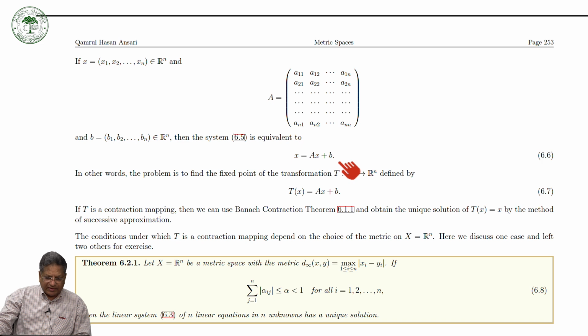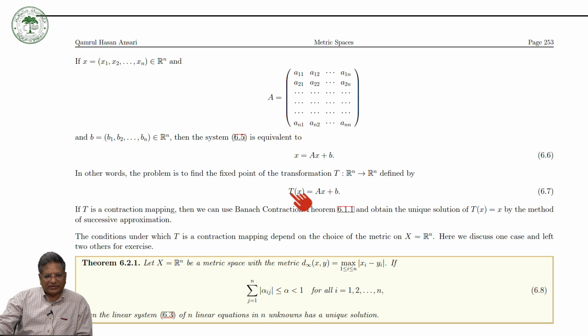So if we define a transformation T from R^n to R^n by Tx is equal to Ax plus b, then if T is a contraction map, then what will happen? If T is a contraction map, then Tx is equal to x. It means that x is equal to Ax plus b. It means that this holds good.